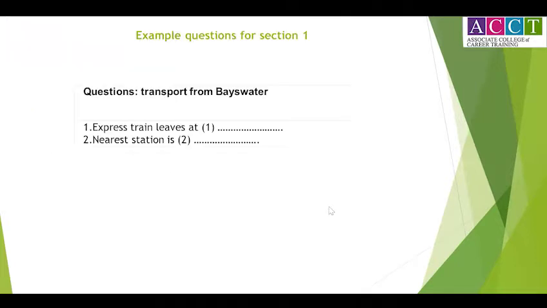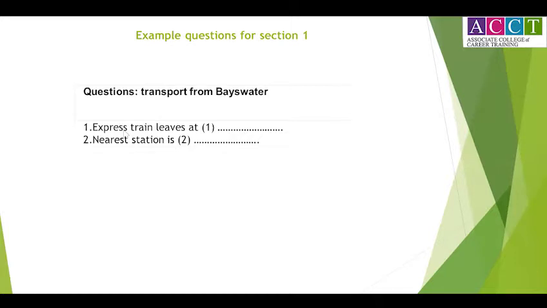Now this is an example of how the questions look on the question booklet which you get, right? So there will always be a heading, especially for section 1, for your better understanding about the context of the audio which will be played. As you can see, there is question number 1, and then we have question number 2.